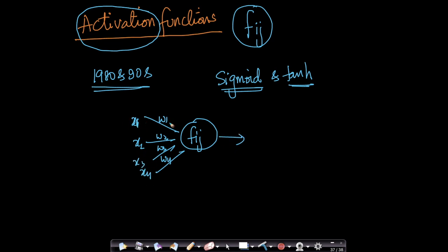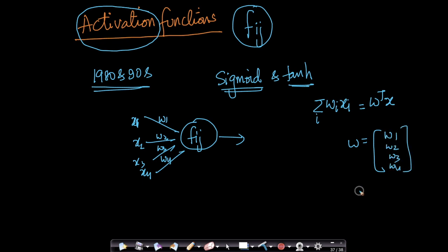When you multiply wi xi and sum them, this is equal to w transpose x, where w is a vector of w1, w2, w3 and w4, and x is a vector of x1, x2, x3, x4.